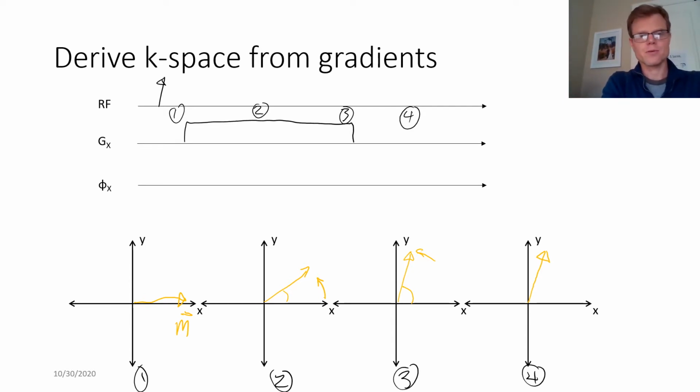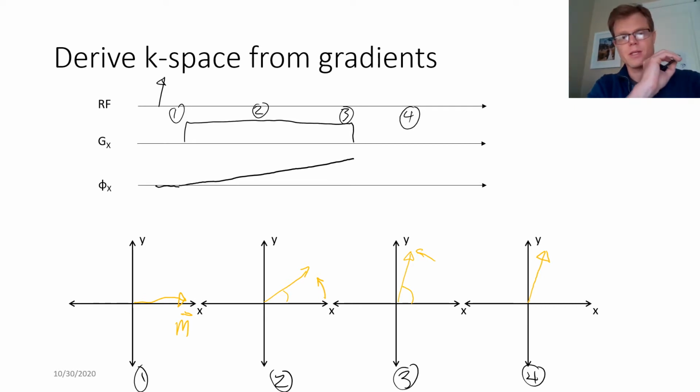We can describe the gradient as creating some phase during the period that the gradient is on. And then when we turn off the gradient, just as in phase encoding, there's no additional phase accumulated.